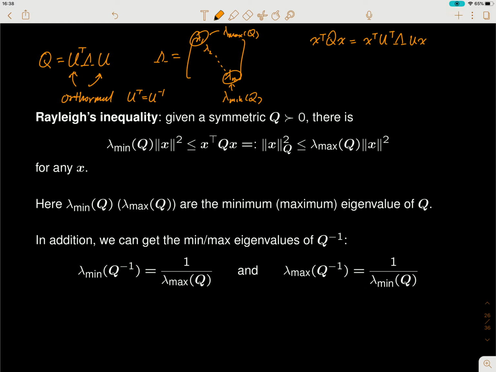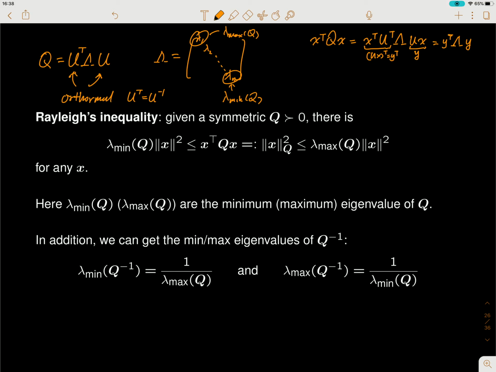Now I treat this Ux as y, and this one here will be just (Ux) transpose, which is y transpose. So the whole thing is just y transpose lambda y.